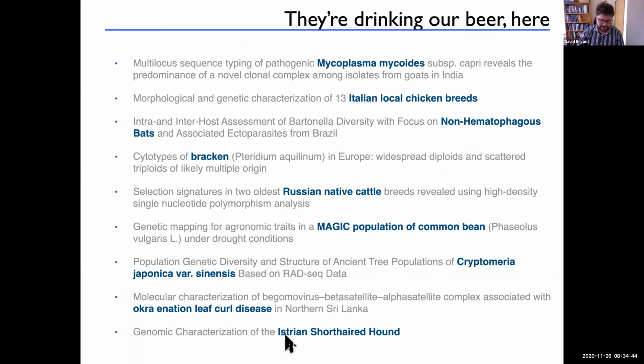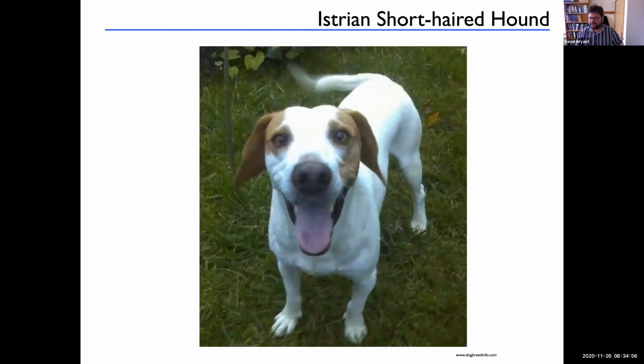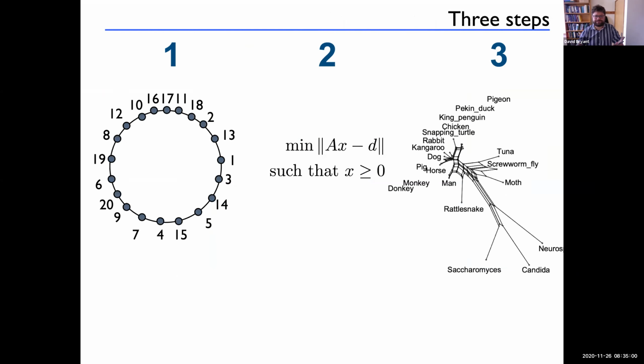And as a maths graduate student, I wasn't aware that I'd be contributing to the science of Istrian short-haired hounds. And because you would ask if you could, this is what an Istrian short-haired hound looks like. And so it's for the dog.